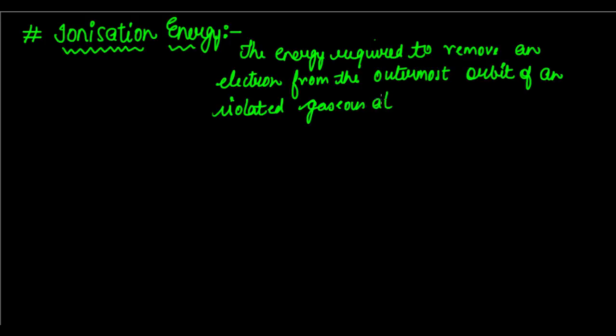So basically, when we remove electrons from the outermost shell to form cations, there is some energy that is required. And this energy which is required to remove that electron from the outermost orbit is what we call ionization energy, right? So ionization energy is the energy required to remove an electron from the outermost orbit to form cations.